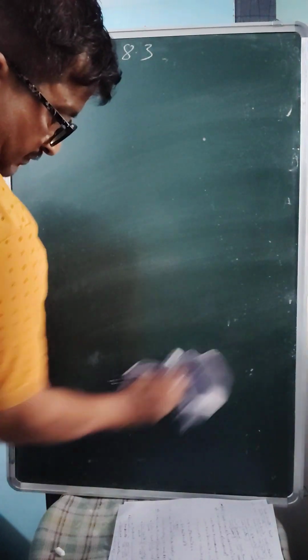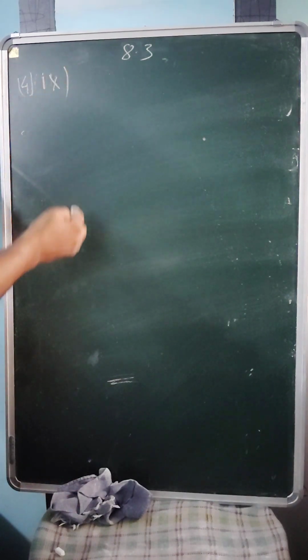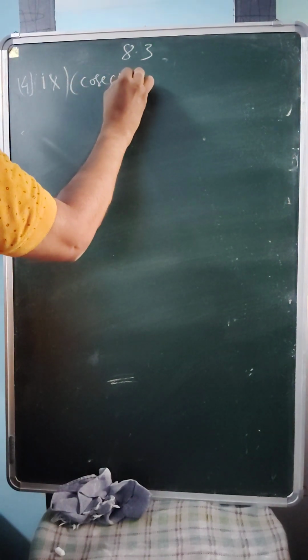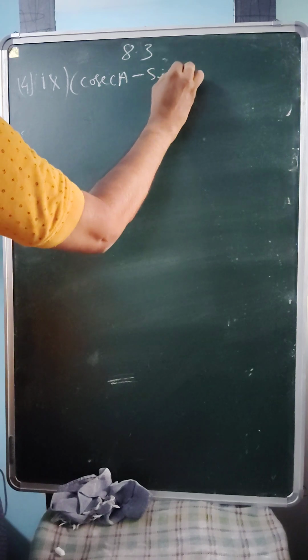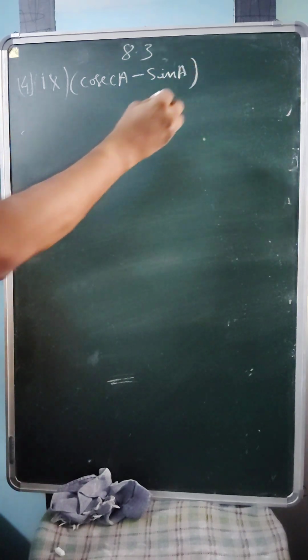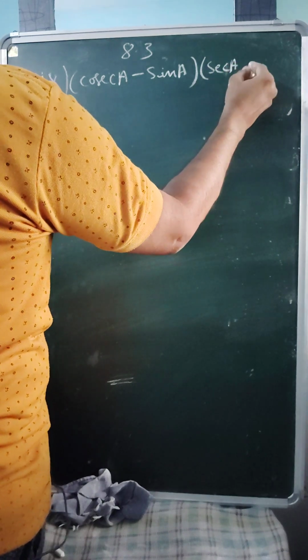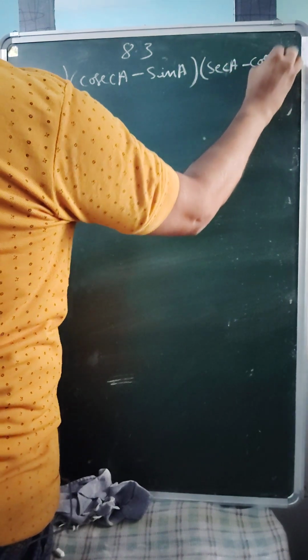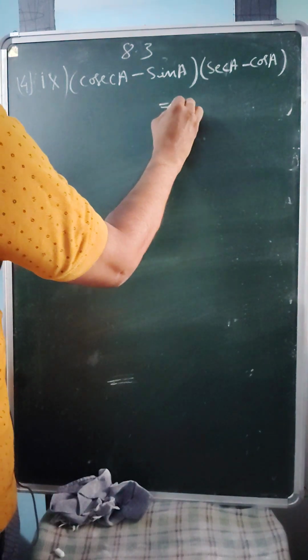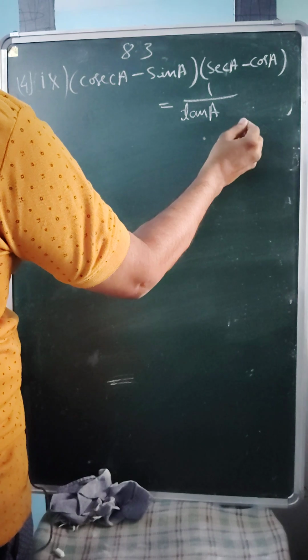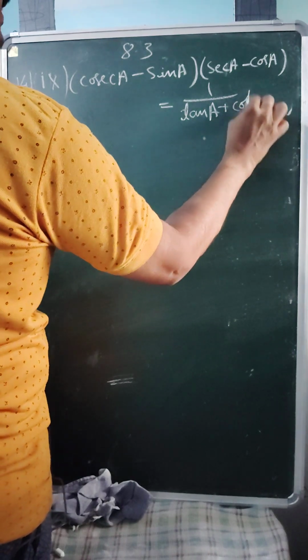Ninth question: (cosecant A minus sin A) into (secant A minus cos A) is equal to 1 by (tan A plus cot A).